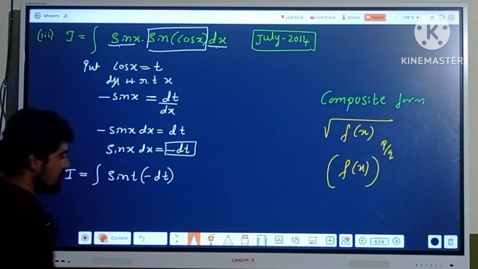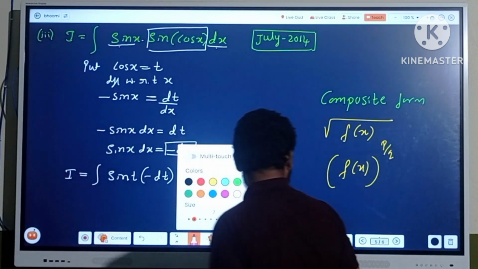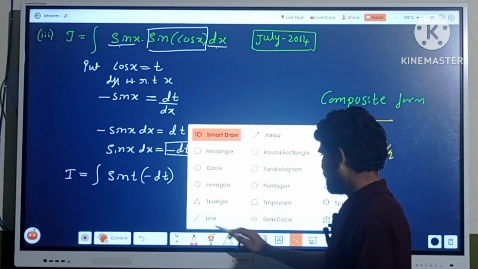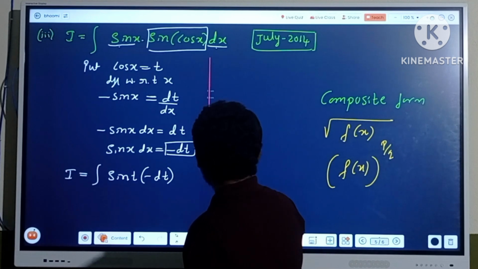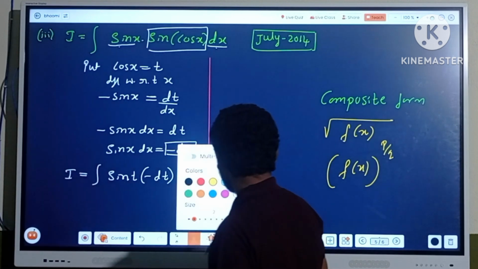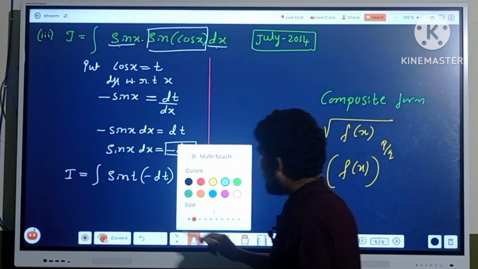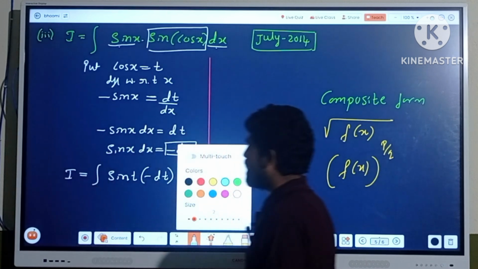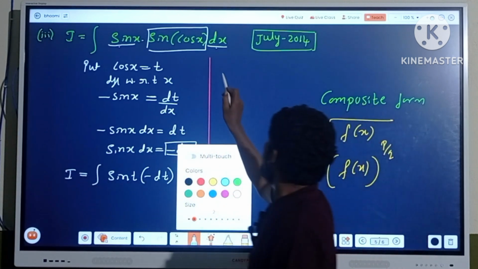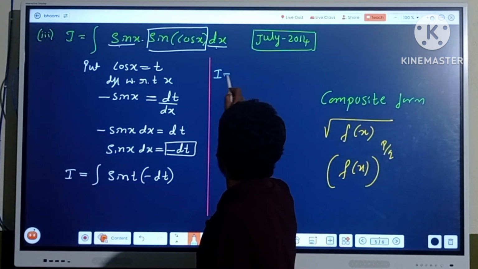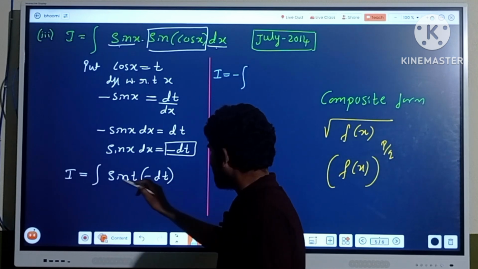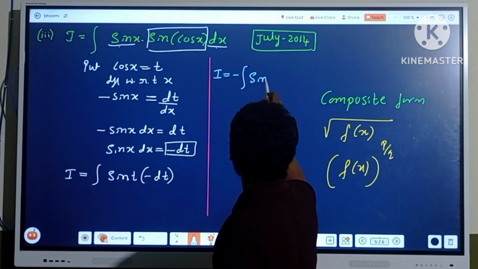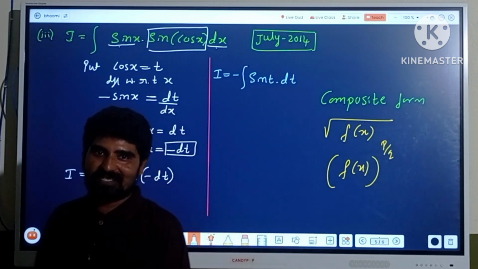I hope all of you are understanding. From this integral, I can take this minus 1 outside the integral sign. Therefore, I equals minus the integration of sin t dt.